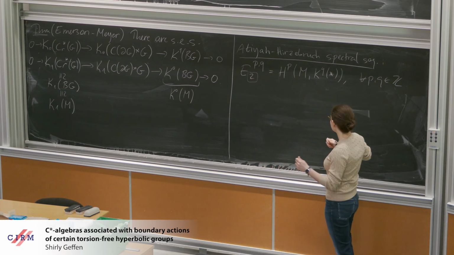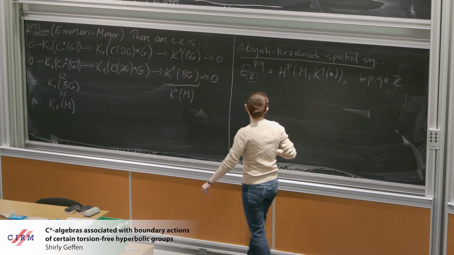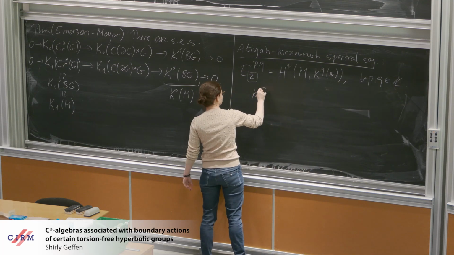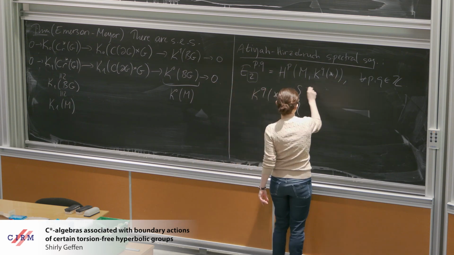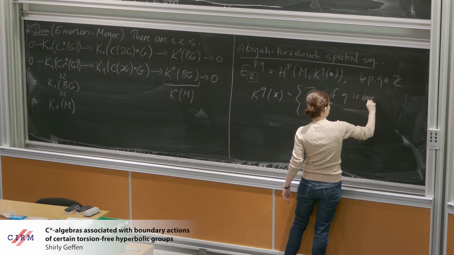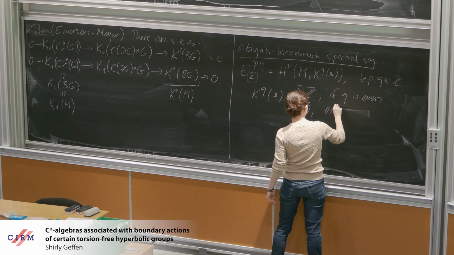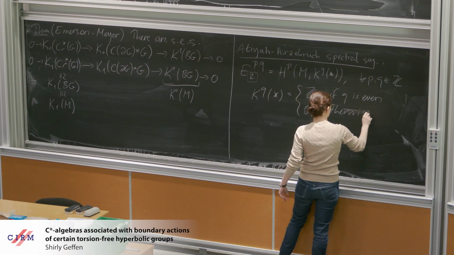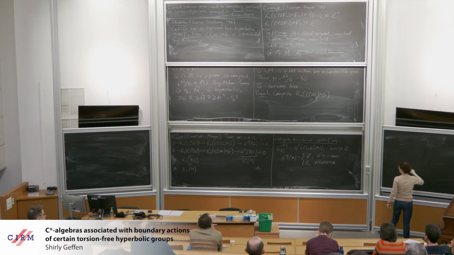And so we know that to place P, Q, we will have this abelian group in the grid. And also we are going to use that the K-theory of a point is Z if Q is even and 0 otherwise. So that the grid we get looks like this.